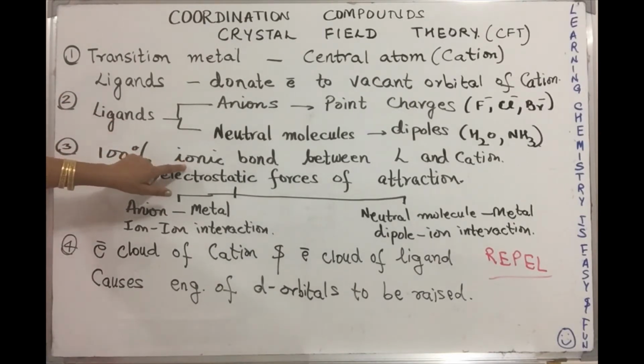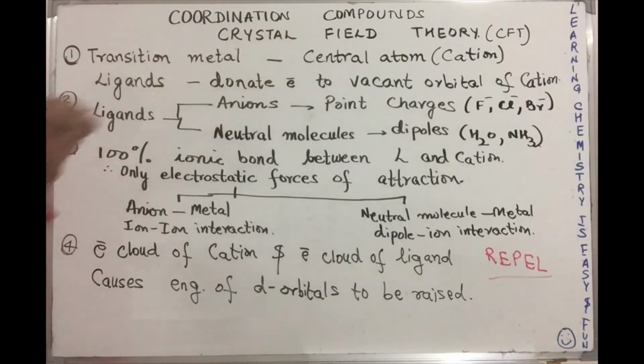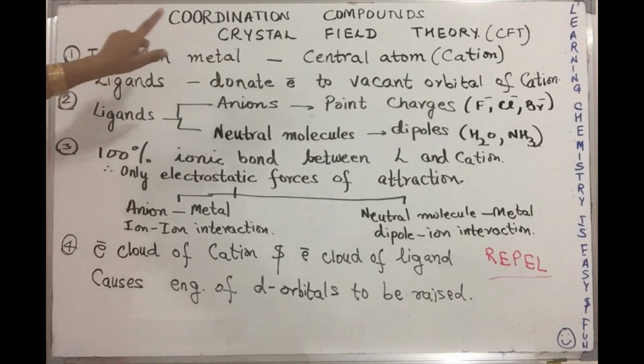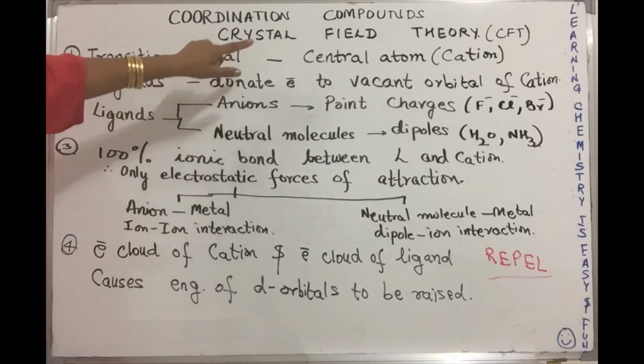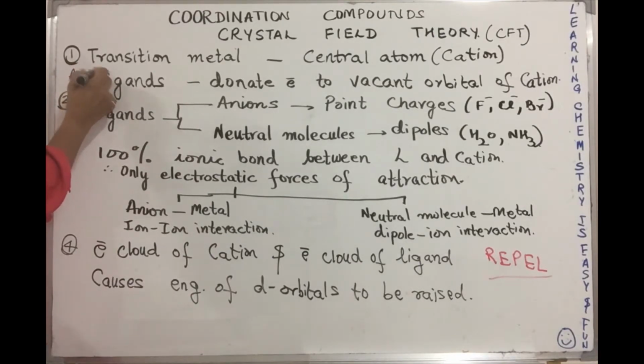So this theory treats the central atom as the cation, the ligand which donates the electrons to the central atom as the anion, right? So we have the ligand as the anion and the central metal atom as the cation.